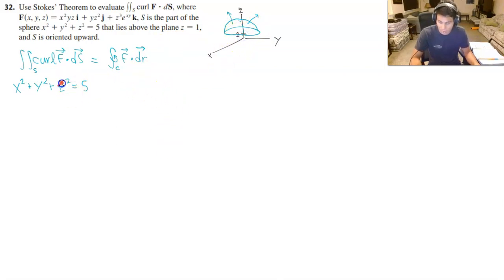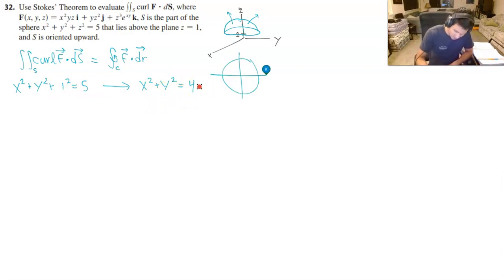So we're going to insert z equals 1 over here, and we can see that this turns into x squared plus y squared is equal to 4. And then we know that this is a circle with a radius 2. It's a circle where r goes from 0 to 2 and theta goes from 0 to 2 pi.